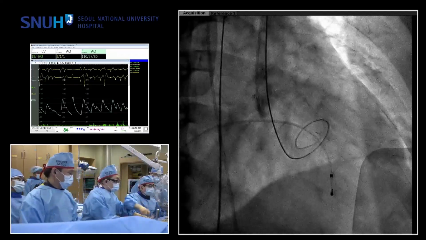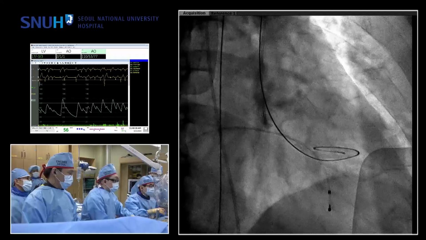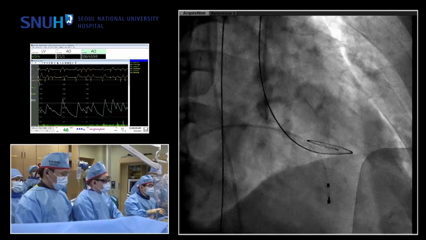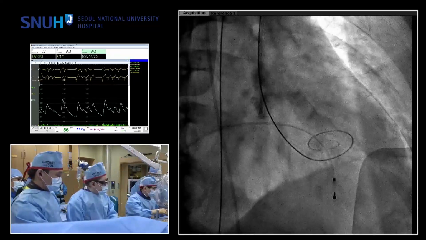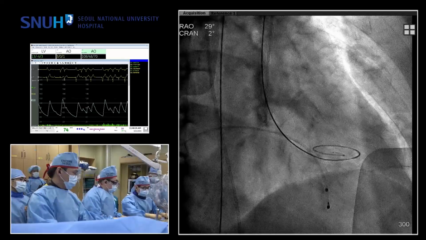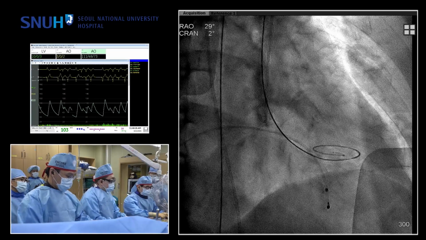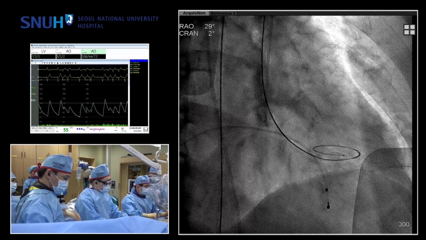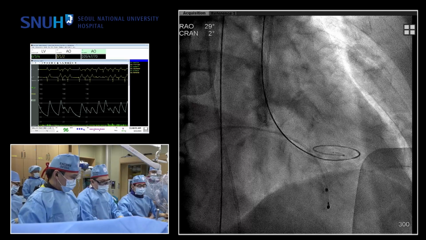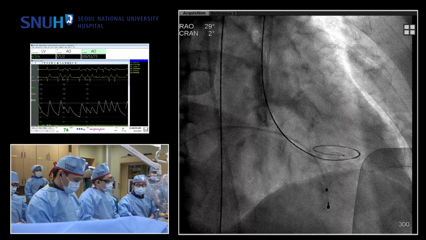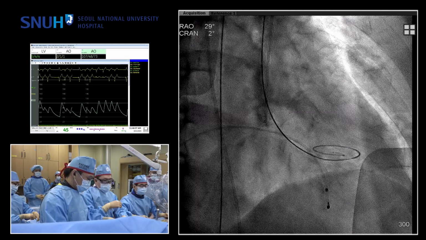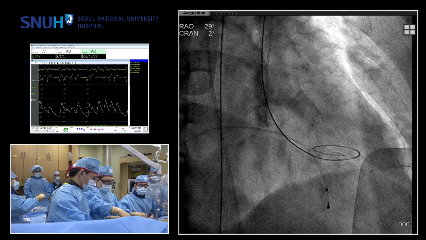And second one is when you do the Accurate Neo, predilation is needed. In the fluoroscopic image, and the Agatston score is more than 1,000. There is some more probability of the sudden acute AR during predilation. So, what size of the predilation?